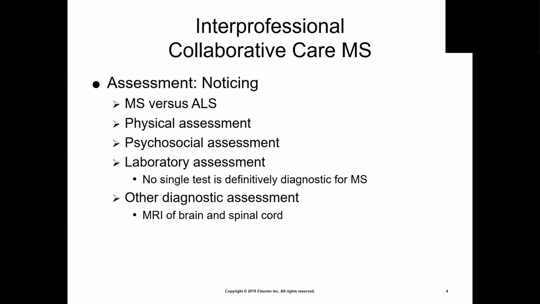Other things that you want to watch for, they can do vision tests and things like that to see if there's anything going on with the eyes, but that's usually something that we see pretty early on, those vision changes for a patient with MS, okay? You might see those tremors specifically when they're performing activities.